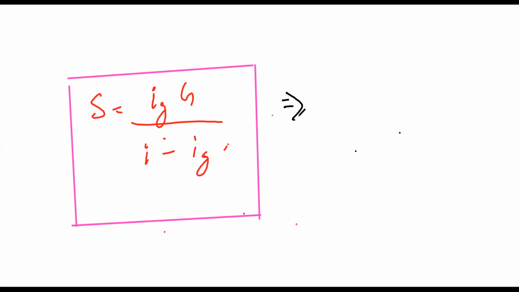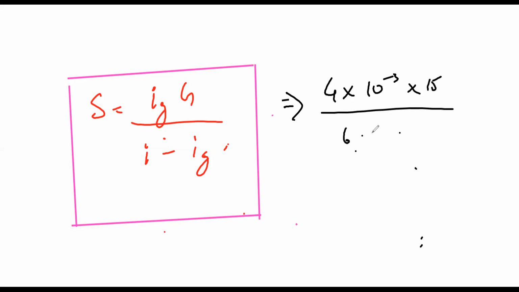So this implies S is equal to 4 into 10 power minus 3 into 15 by 6 minus 4 into 10 power minus 3. So 4 into 15 is 60, 10 power minus 3.